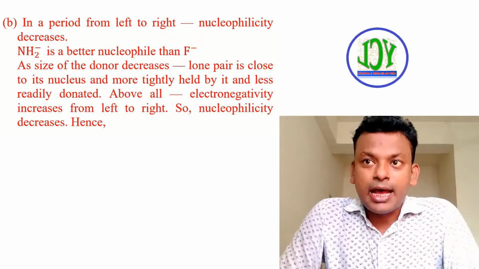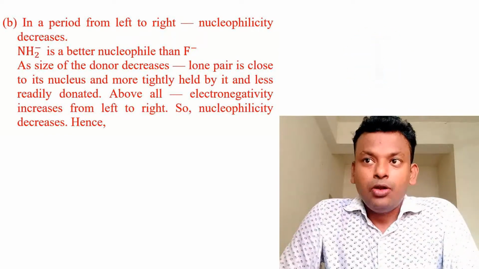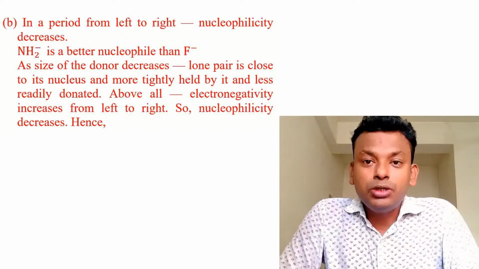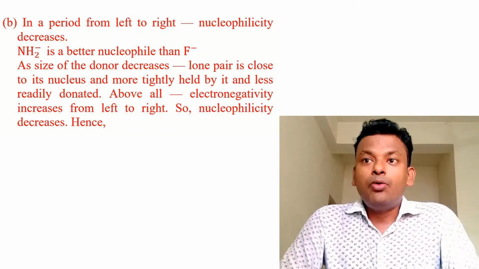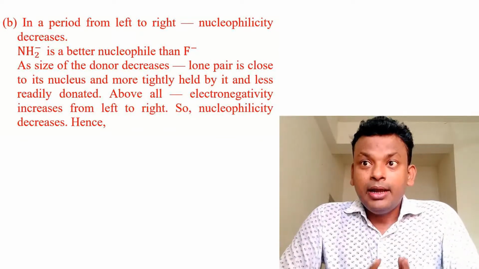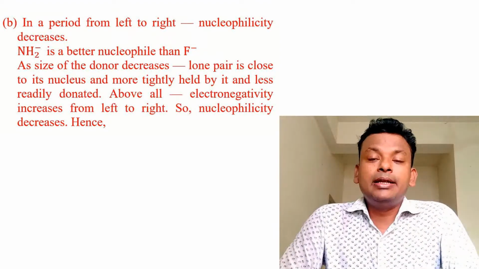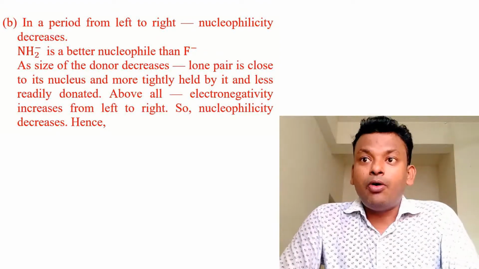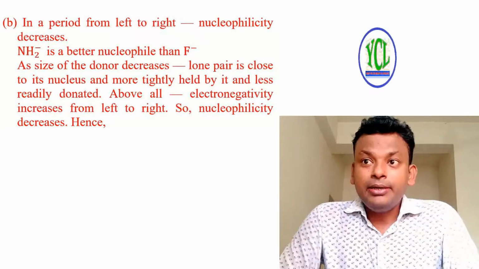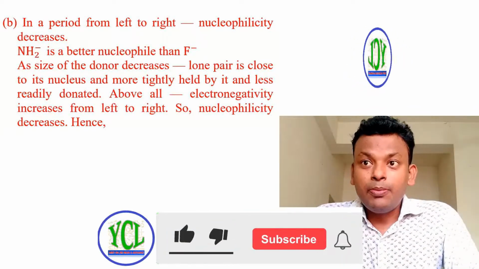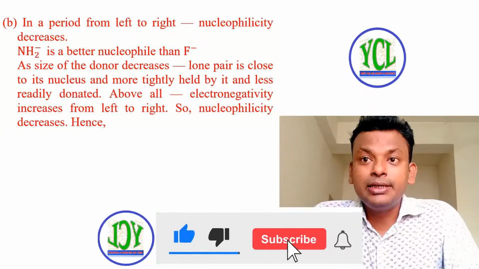As the size of the donor decreases, the lone pair is closer to the nucleus and more tightly held by it, and less readily donated. Electronegativity increases from left to right, so nucleophilicity decreases.